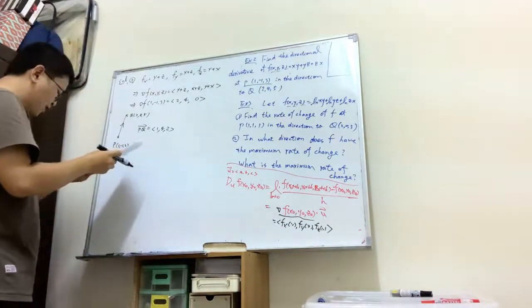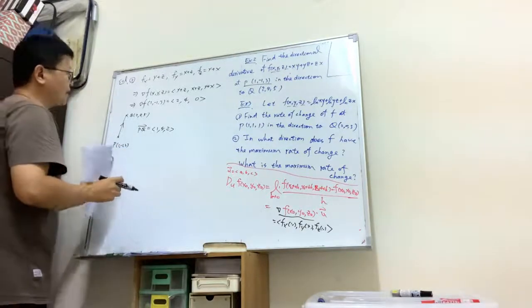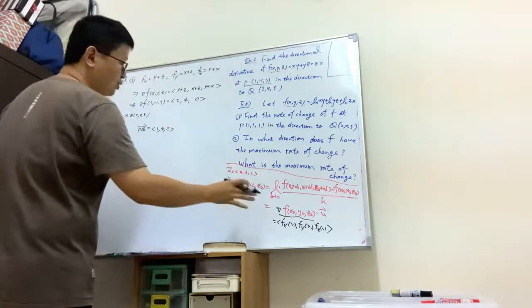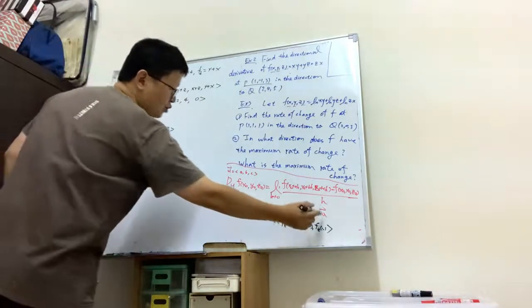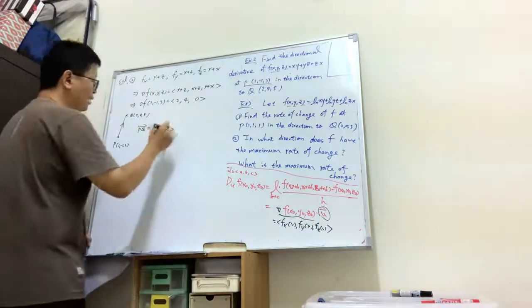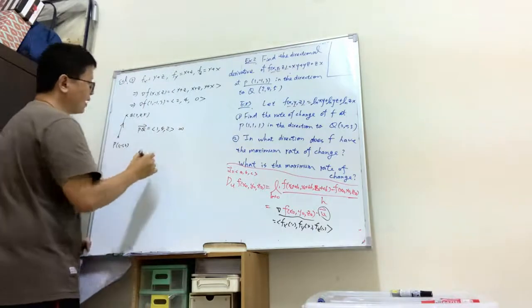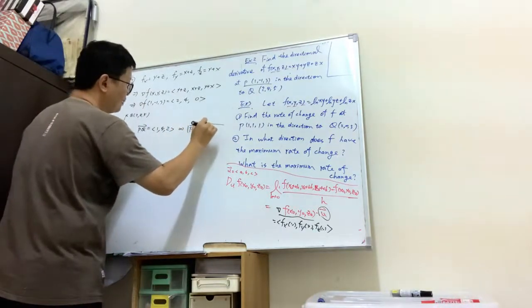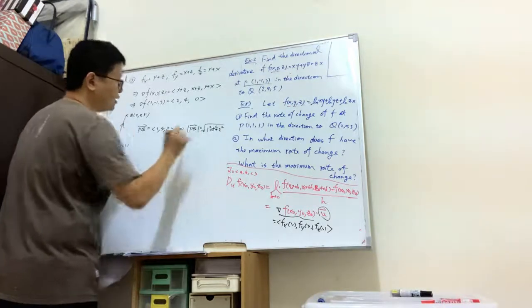But this direction vector is not a unit vector, and because we want to consider the directional derivative, it should be a unit vector. So what can we do? Divide by its length, right? So we consider its length: square root of 1 squared plus 5 squared plus 2 squared.